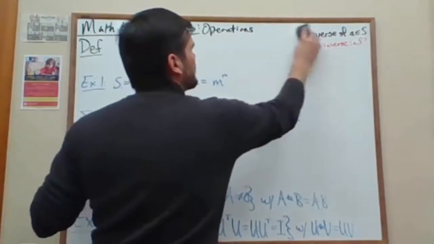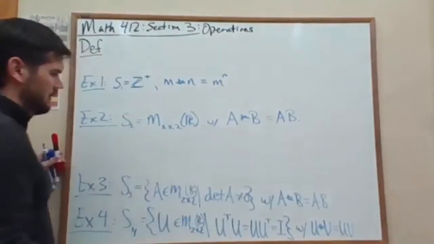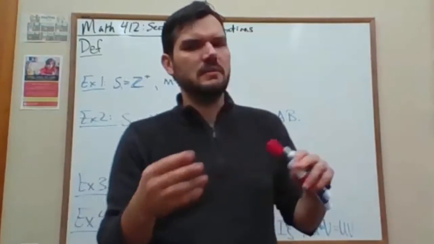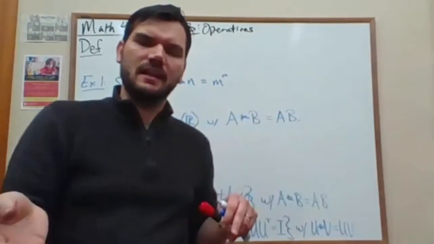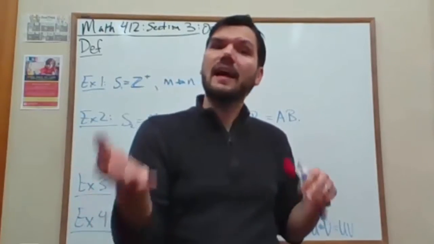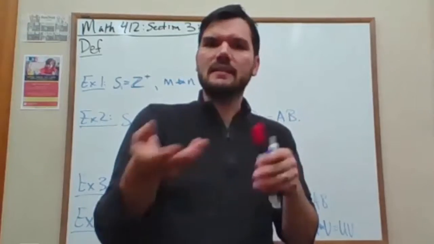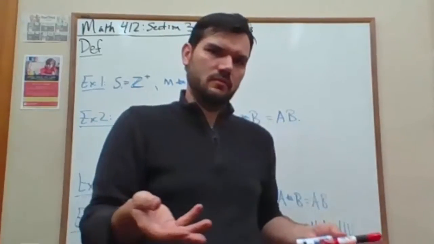And I think I might have misspoken a little bit ago. When we have the identity element, we have A times E equals E times A equals A. That shows that the two elements, E and A, commute.